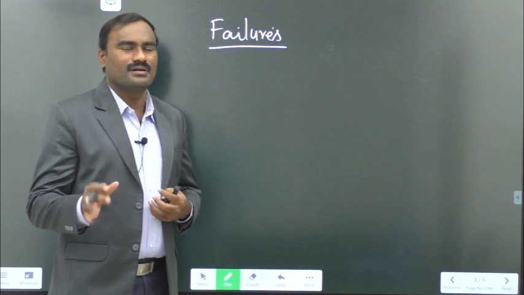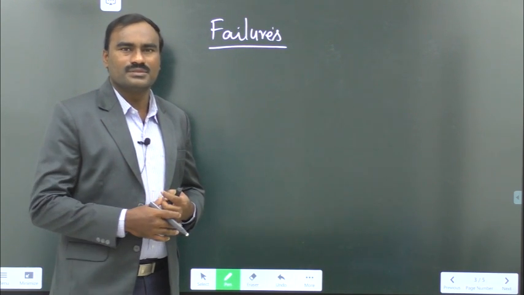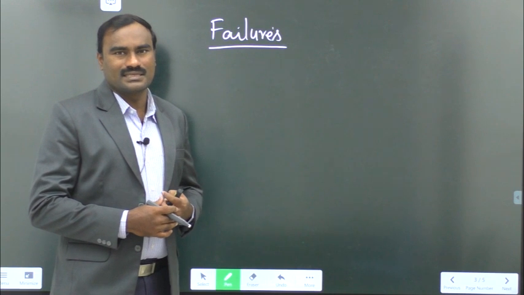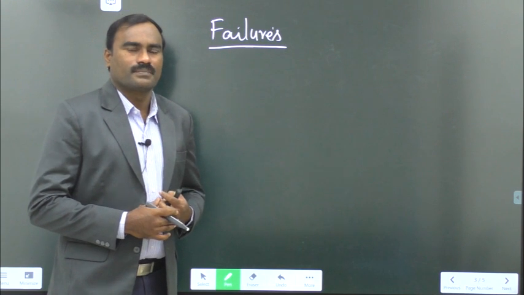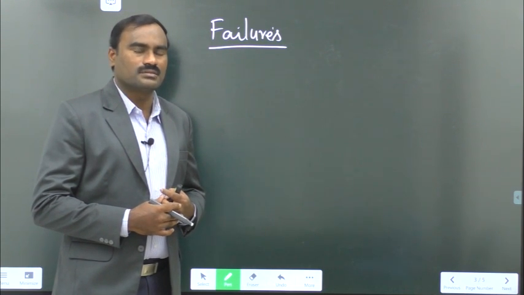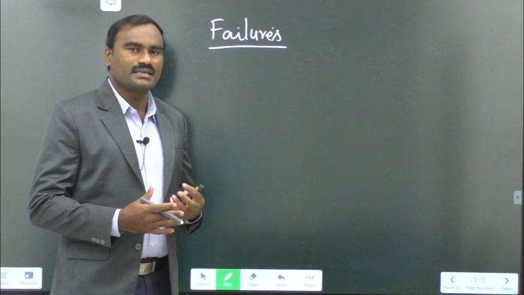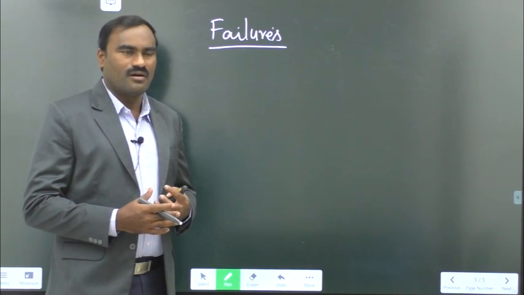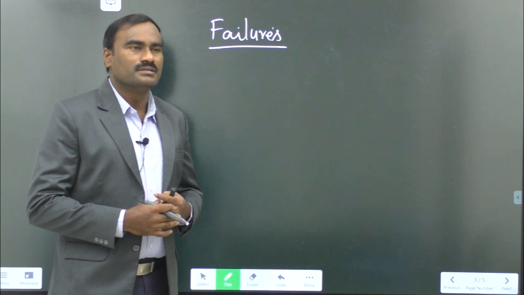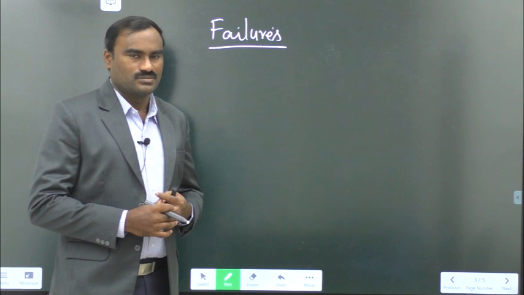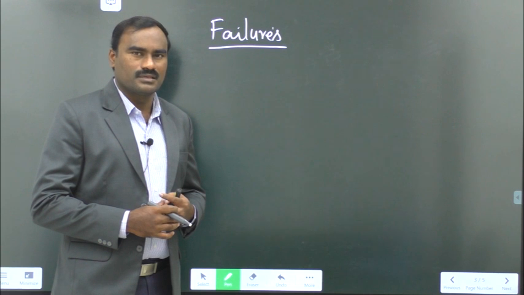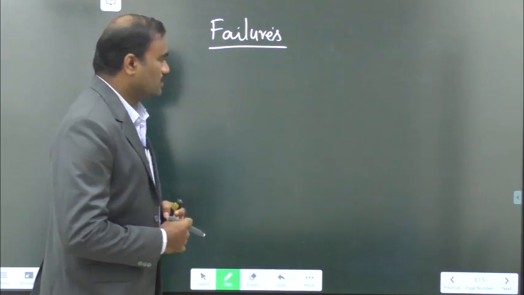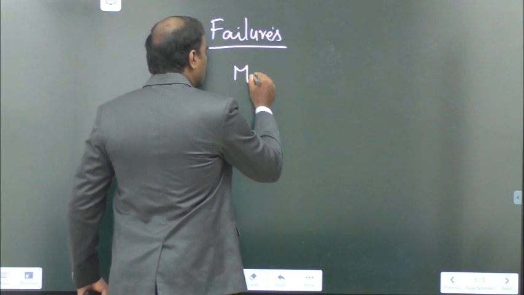Ceramics and polymers are very rarely used in mechanical engineering applications. So it is necessary for us to learn about this topic called failures of metals. Failure of a metal or a solid is the most undesirable thing.